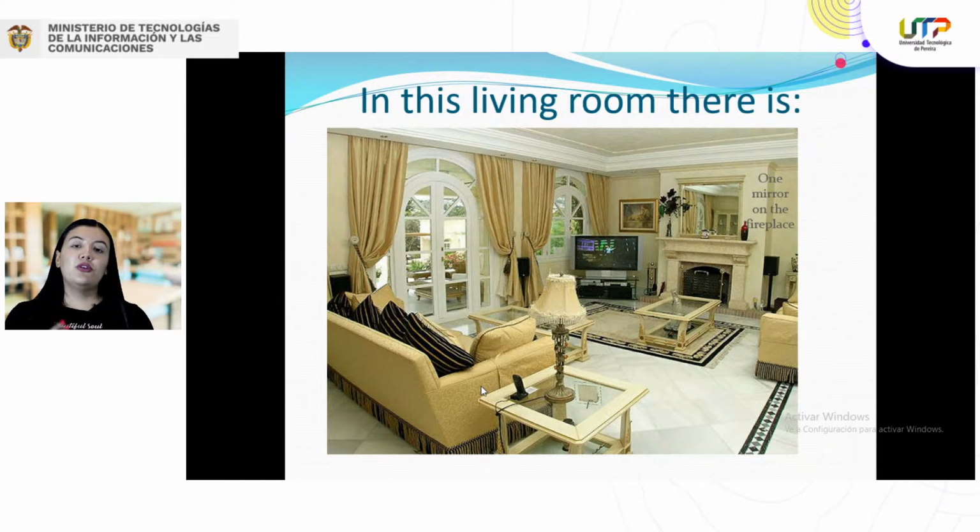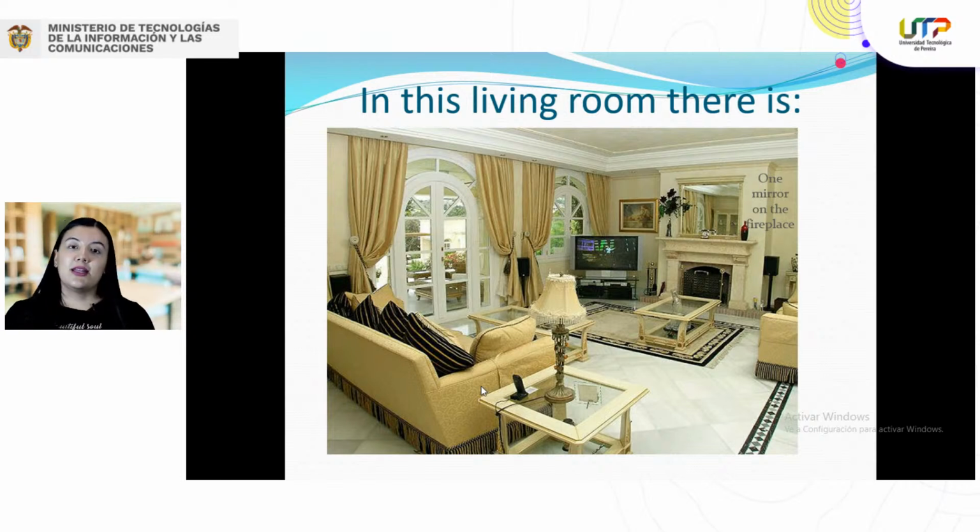Como hablamos de uno, entonces usamos la estructura there is, porque la usamos para singular, es decir, solamente cuando hablamos de una cosa. Y aquí, atentos a esto, sí es obligatorio usar algún tipo de artículo o un número. ¿Cuál sería el único número que podría usar? El número 1, ¿sí? There is 1 mirror, for example.